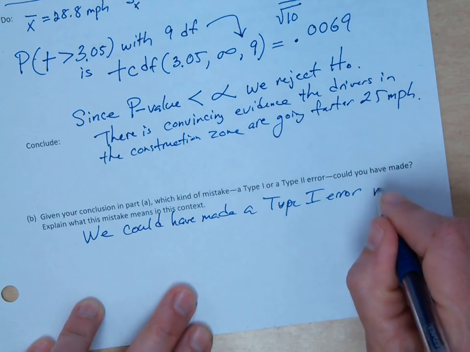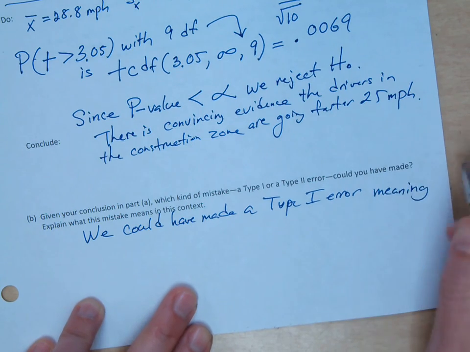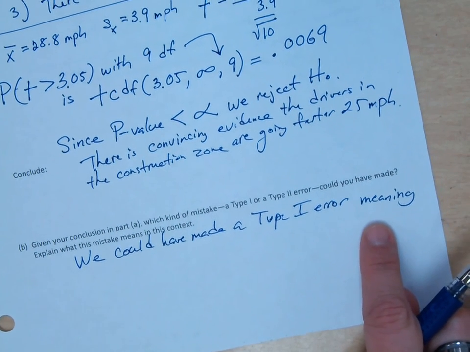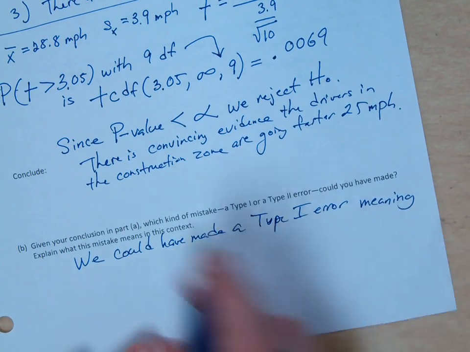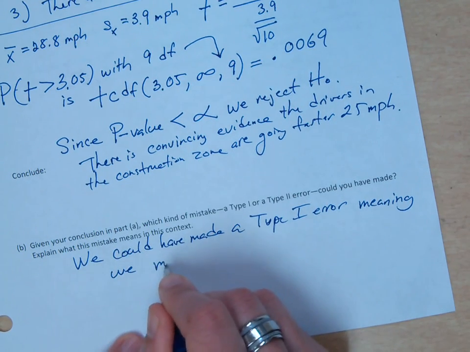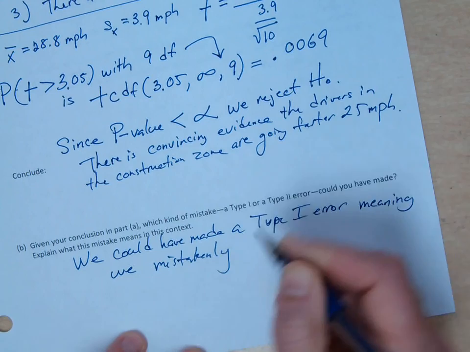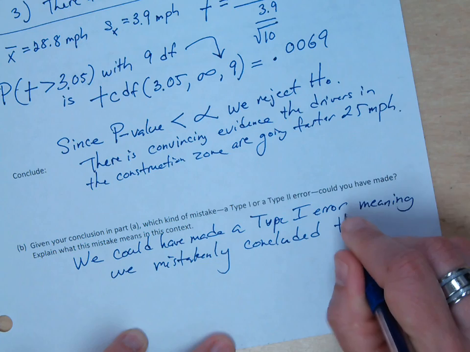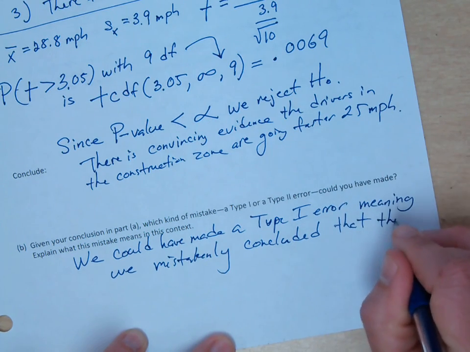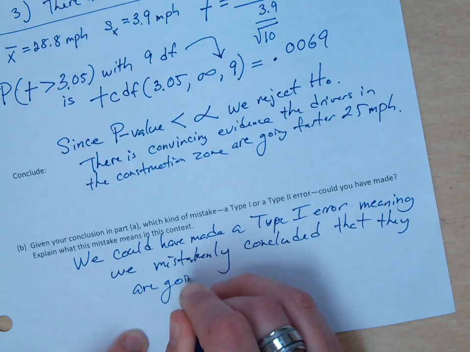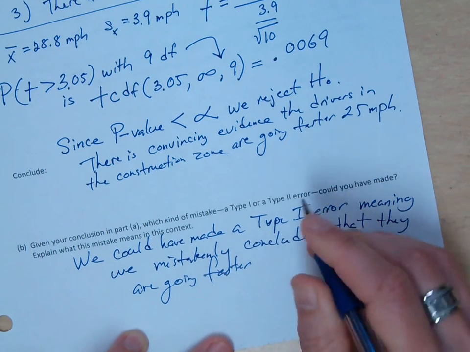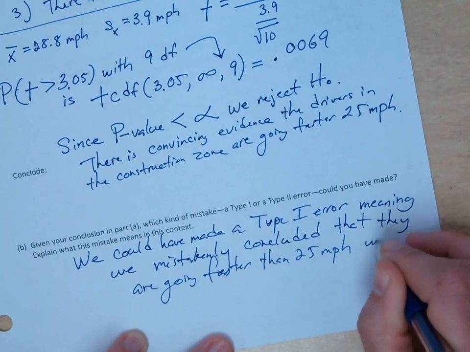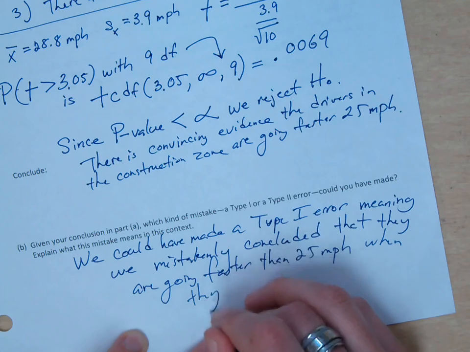So it means we rejected H naught in favor of H sub A when H sub A was really not true. So meaning we mistakenly concluded that they are going faster than 25 miles per hour when they really are not.